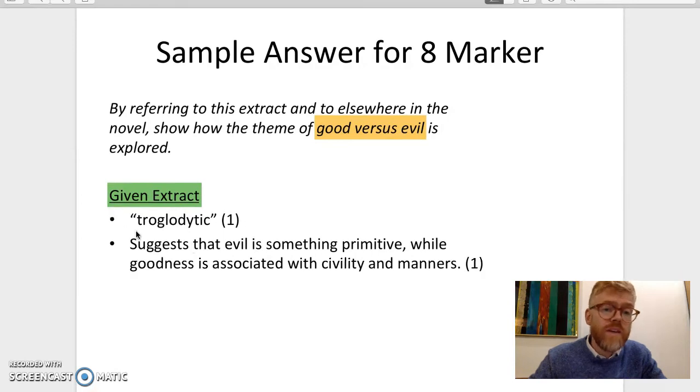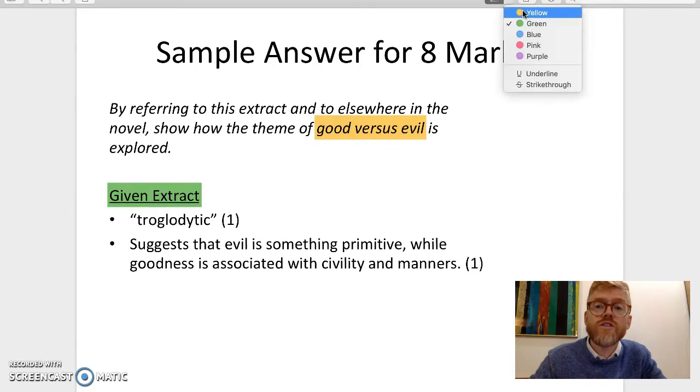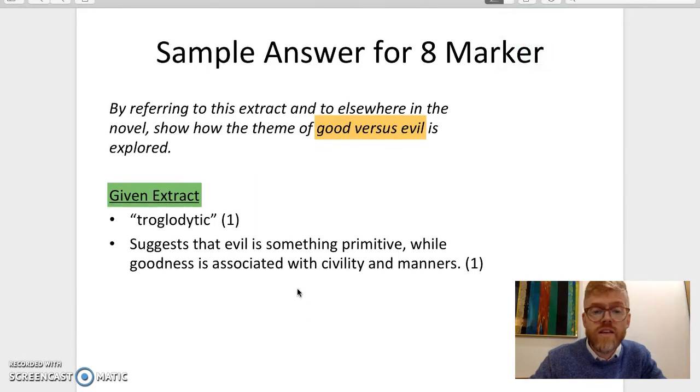So the quote that I've picked out is troglodytic, and here's my little description. Suggests that evil is something primitive, while goodness is associated with civility and manners. Okay, so I've not actually used good versus evil, but I've referred to evil and I've referred to goodness to just make sure that I'm on track.